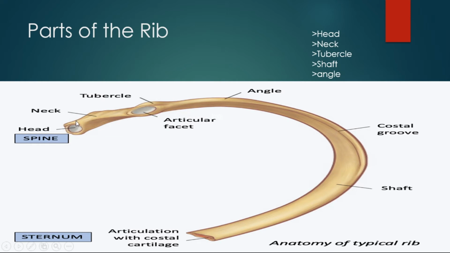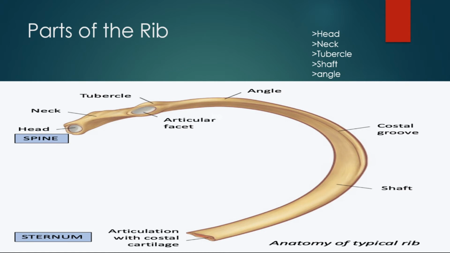This is the head of the rib. This is the tubercle. This is the angle. This is the body or shaft of the rib, the costal groove, and the articulation with the costal cartilage. From here it will articulate with the costal cartilage, and that costal cartilage will ultimately articulate with the sternum. This is the typical anatomy of the typical rib.